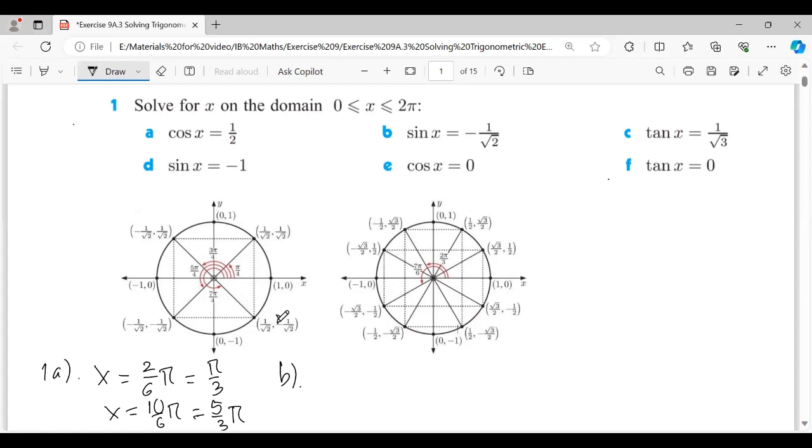This means x equals 5 pi over 4, or this one, 7 pi over 4.